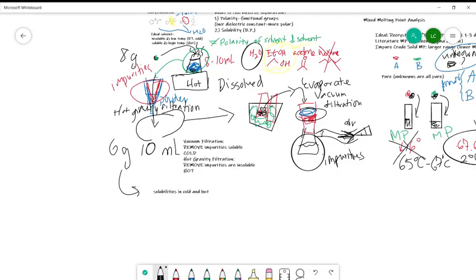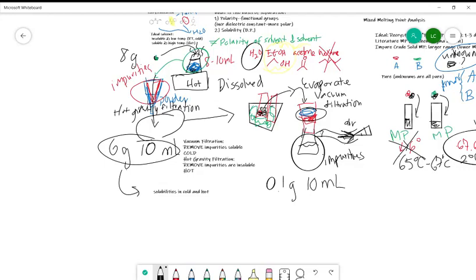So you have 6 grams, and then you would use the solubility at cold temperatures. I know this is an unrealistic solubility, but just for the purpose of explaining this. And then let's say it was like 0.1 grams in the 10 milliliters at cold temperatures.